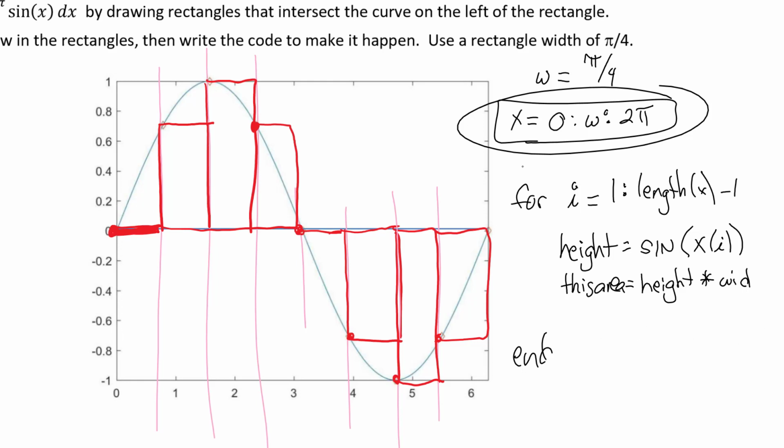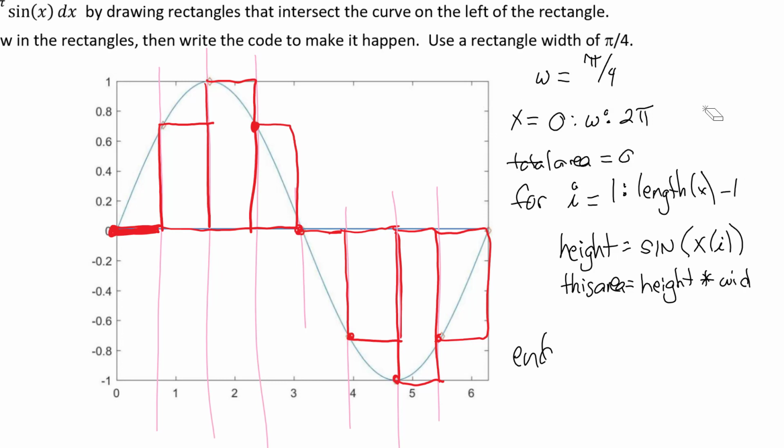So we could have total area, and we always want to start it at 0 since we're going to be adding to it. Remember that 0 is the neutral for addition. And then every time we go through this, the total area is going to be equal to the total area plus the new area.